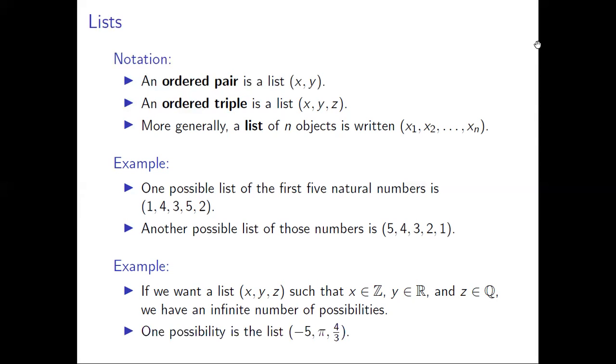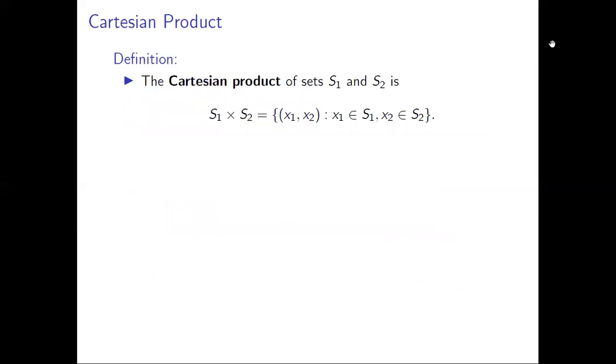Okay, so we've seen this idea of lists. Now we're going to use this idea to talk about the Cartesian product. So we have a definition, the Cartesian product of sets S1 and S2. So if we have a set S1 and another set S2, these could be different sets, could be the same set potentially, but two sets, S1 and S2.